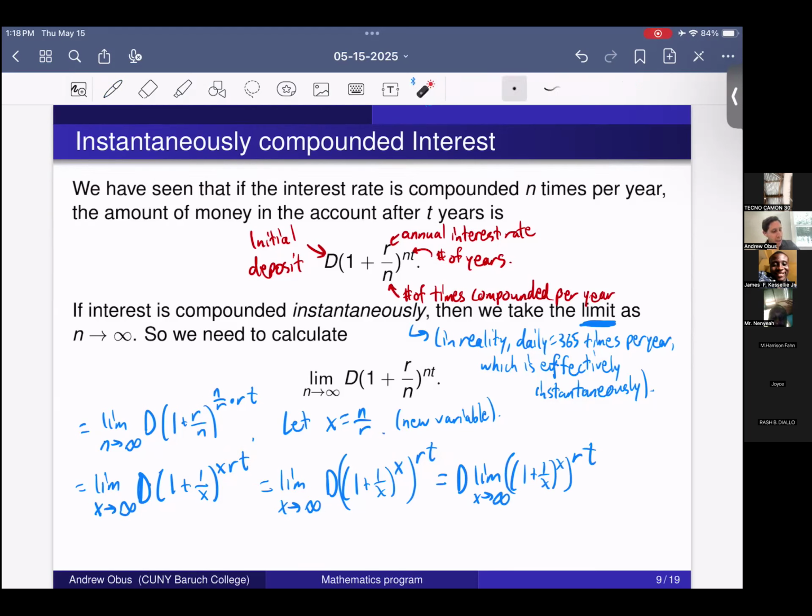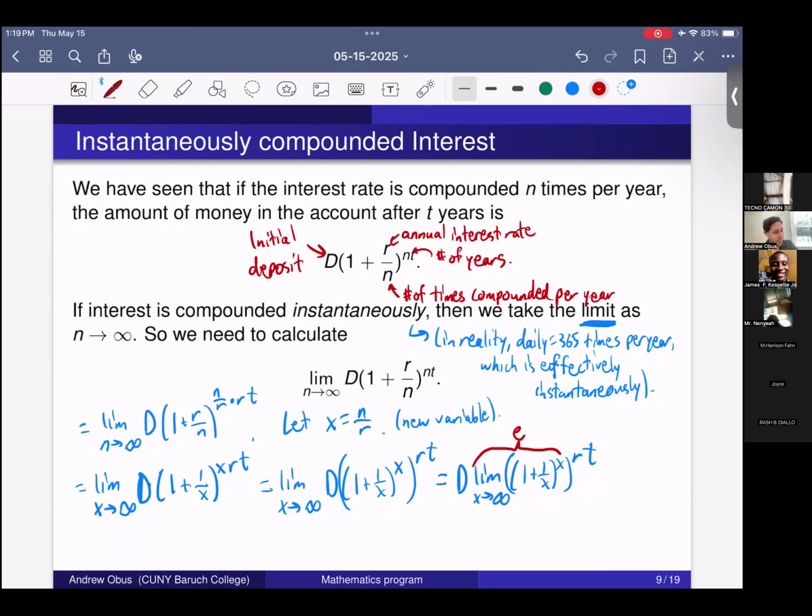Okay, now here's where the magic happens. Does anybody recognize this limit? The limit as x goes to infinity of 1 plus 1 over x to the x. This is how we defined a certain number this semester. If you go back to a couple of months ago, you may not remember, this limit is exactly e.